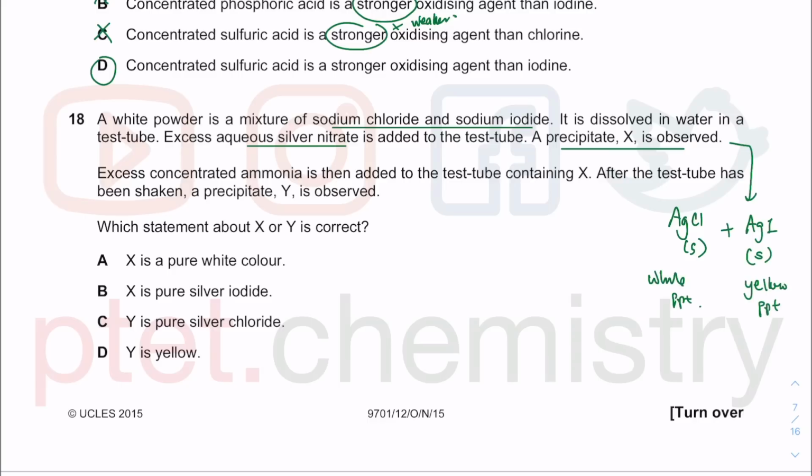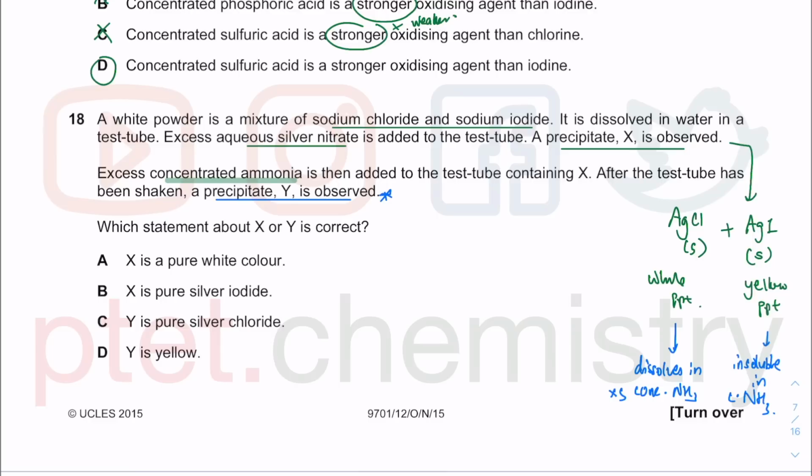Now you also add in some excess concentrated ammonia, and we know that this white precipitate AgCl will dissolve in ammonia, especially when you have concentrated ammonia and also in excess. The yellow precipitate, silver iodide, is insoluble in concentrated ammonia. So after the test tube has been shaken, you still get a precipitate.